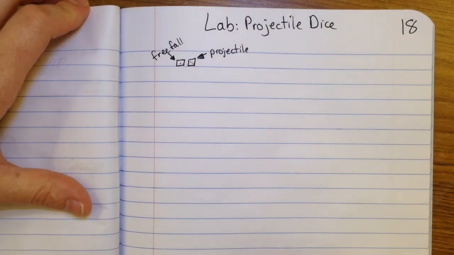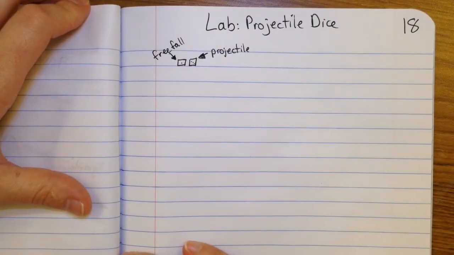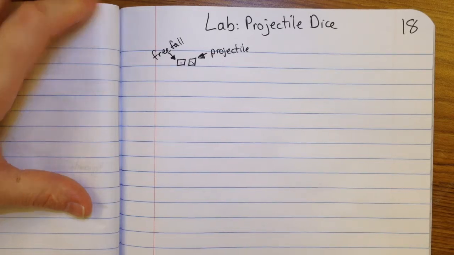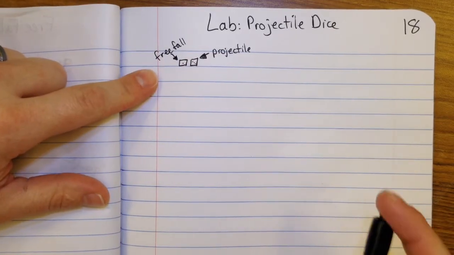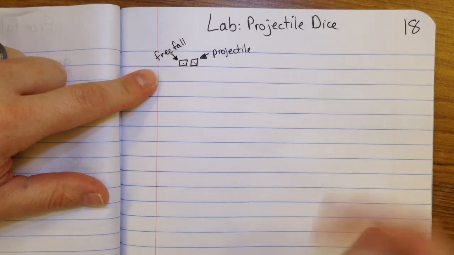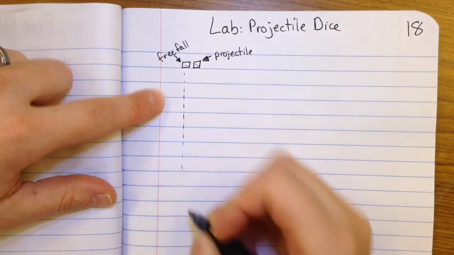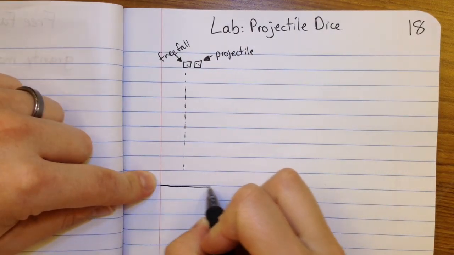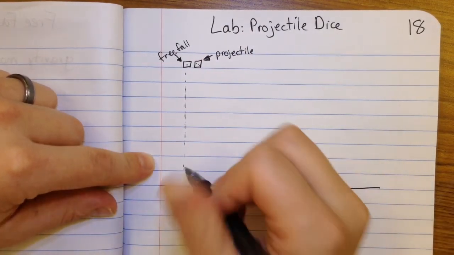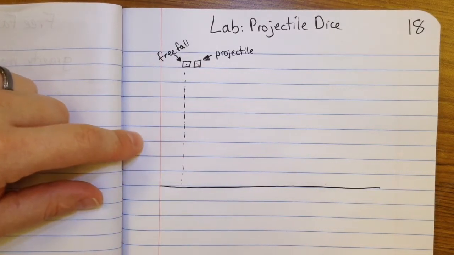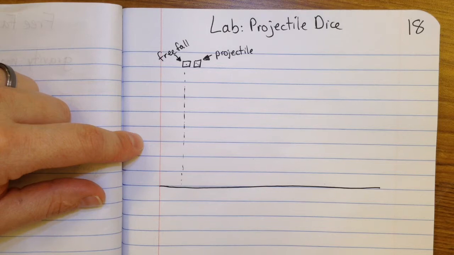First thing I want you to do, draw what the paths that those 2 travel look like. The one that free falls, what does it look like when it falls? Straight down. At some point draw a line, that's the ground. What does it look like for the projectile? Does it go out like this?